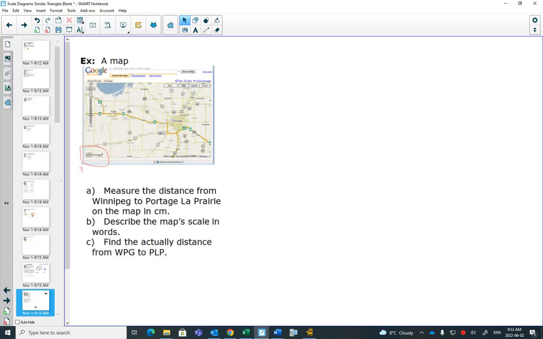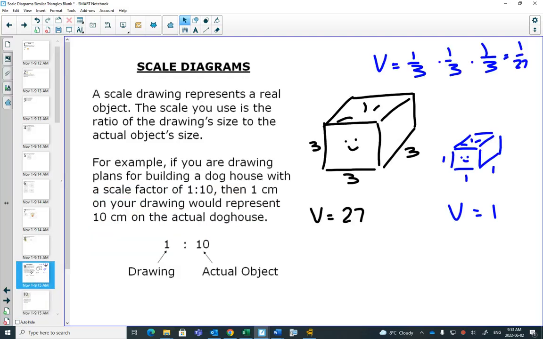We already saw that a map is one of those places where you need to have a reduction because it's way too big. So when we draw our scale diagram, we do 1 to 10 like this, and then the scale factor would be, the drawing is 1/10 of the actual object.